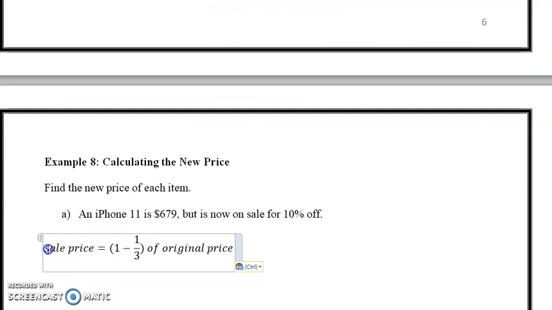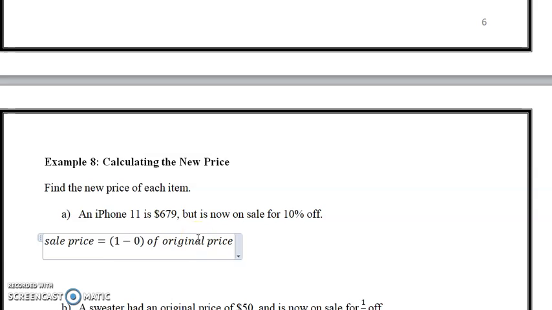Again, I'm just showing you the formula here. I know a lot of you just would know how to approach this question. So the 1 represents 100% of the price, and then the decreased price is 10%. So 10% as a decimal is 0.1 of the original price. Okay? So the sale price, and "of" means multiplication. So we're going to multiply that by 679.